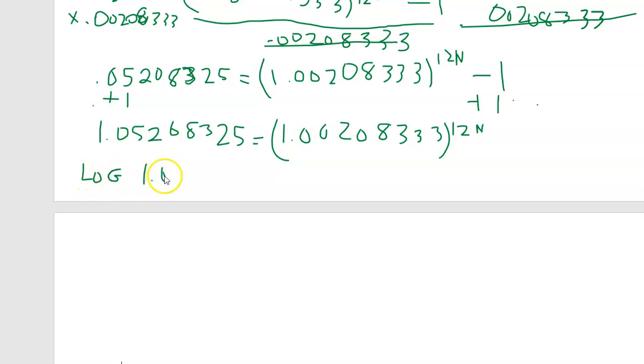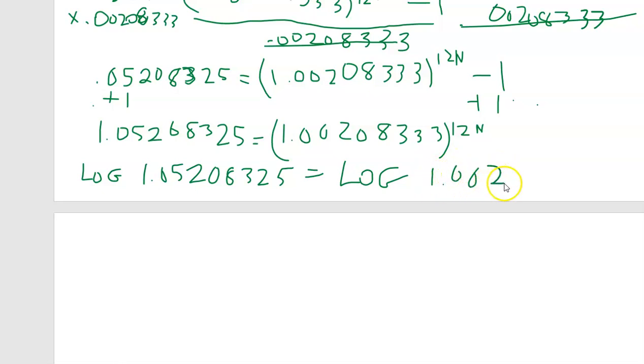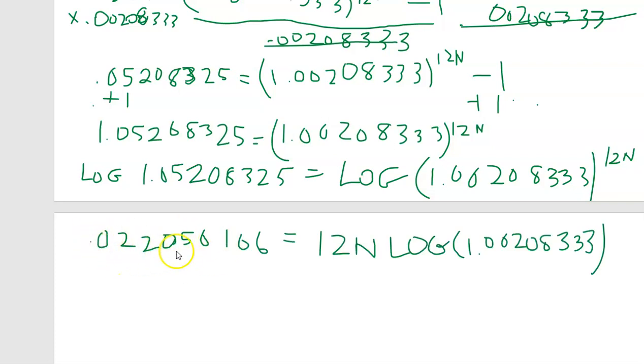So we put a log on the front of this one, and we put a log in the front of this one. And I will let the calculator do log of 1.05208325. So the calculator gave me this decimal.